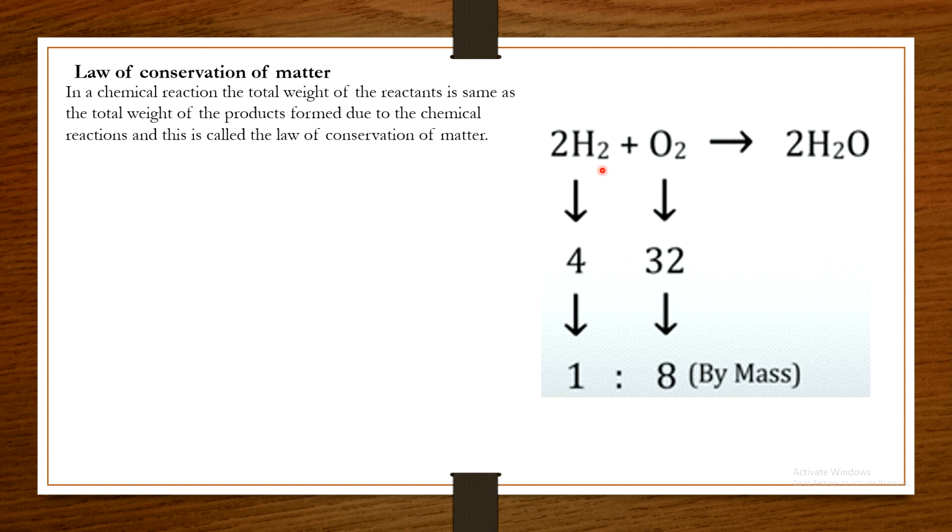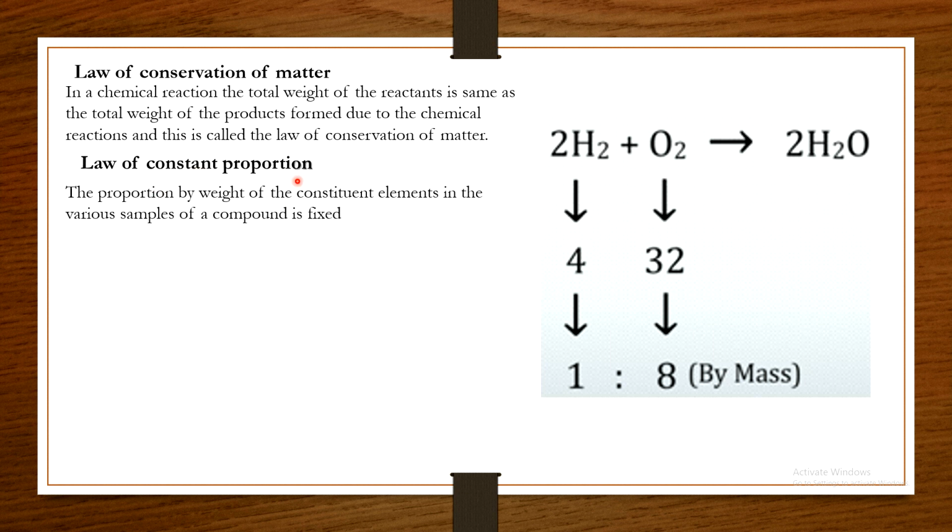For example, if the weight of hydrogen is 1 and oxygen is 16, and they form the water molecule, then you can easily find the molecular weight of the water molecule, and these weights are equal. So this is called the law of conservation of matter.